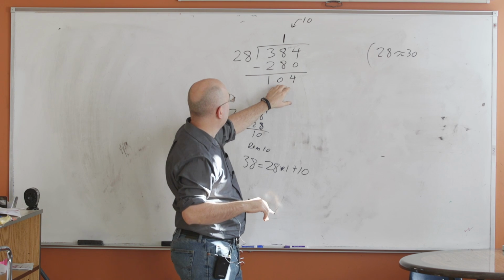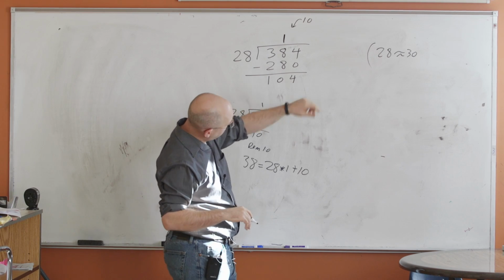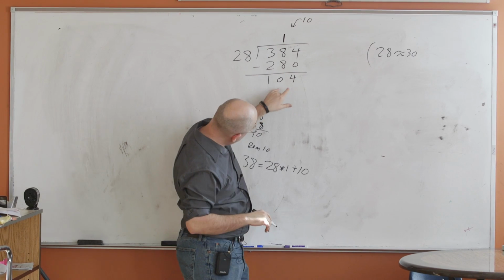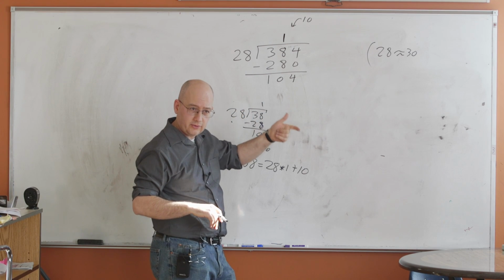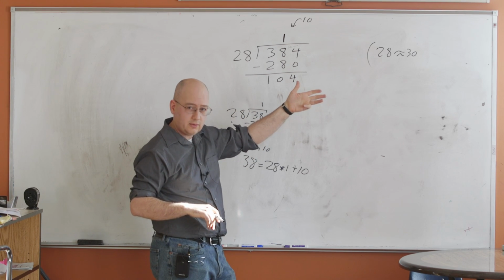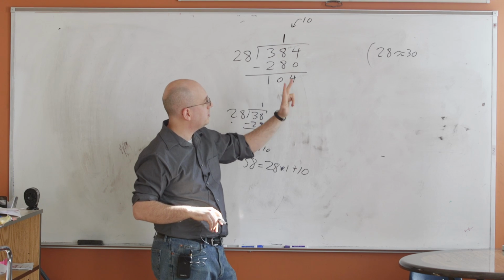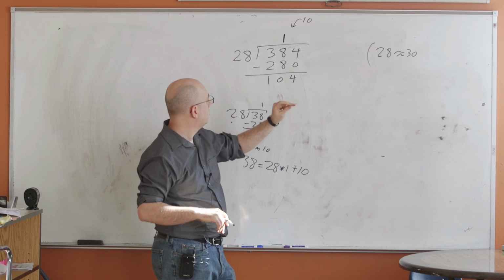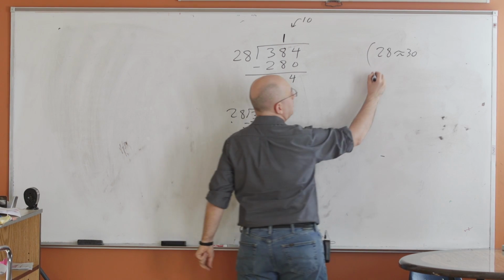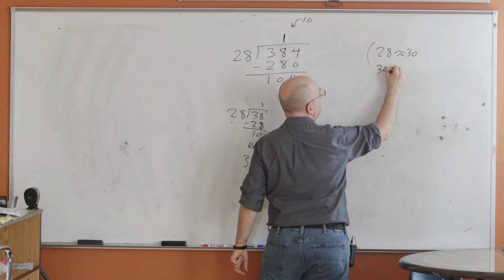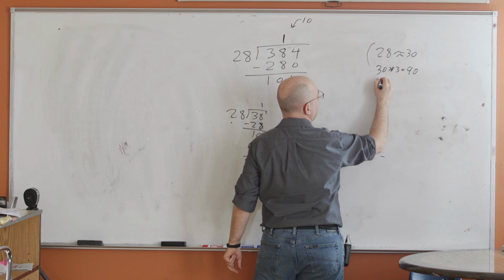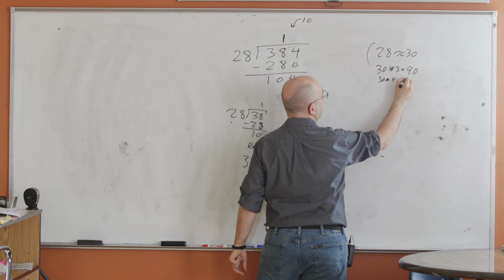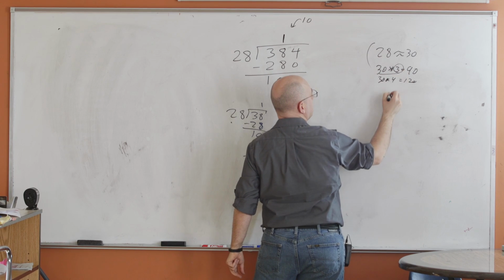So what's something that's a multiple of 30 that's under 104? You've got 30, 60, 90, 120, right? 120 was too much, so the 90. So 30 times 3 is like 90, and 30 times 4 is 120, so I'm going to try 3.